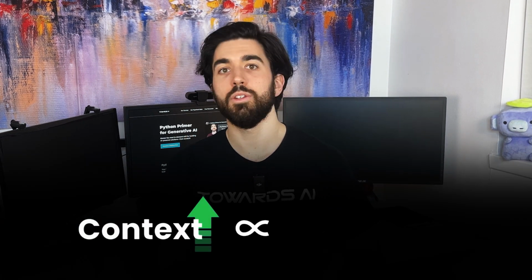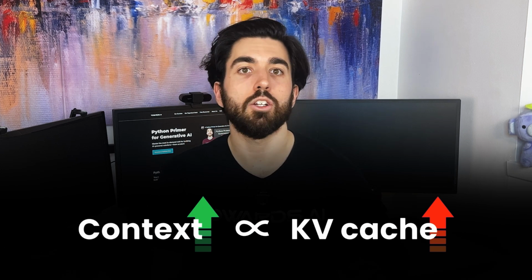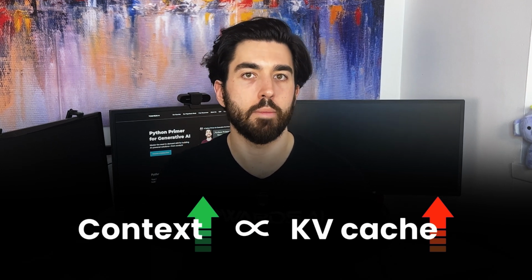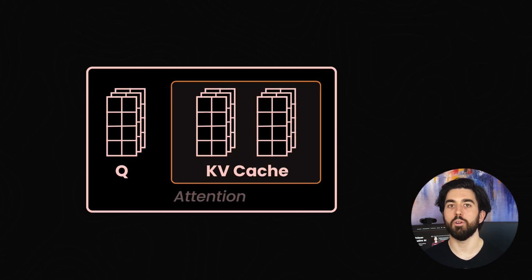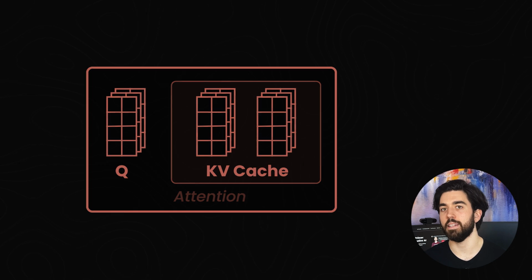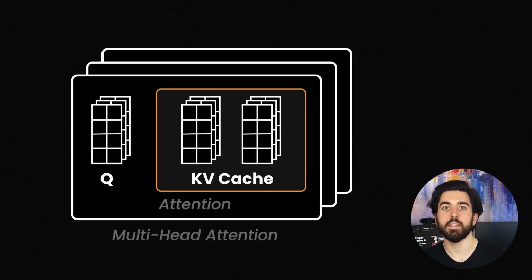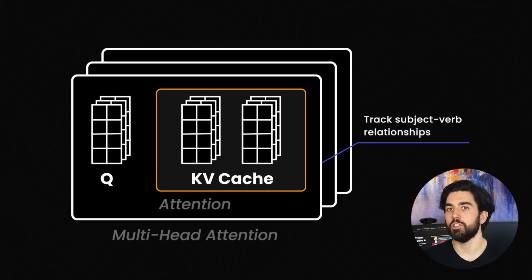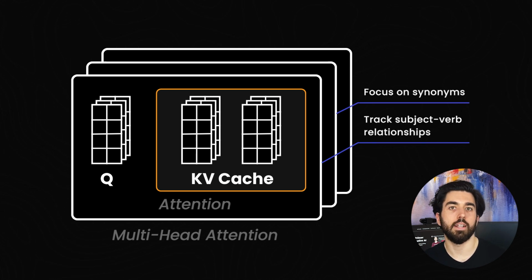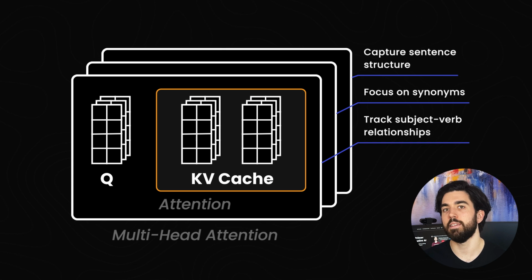But there's a challenge. As the context grows, so does the KV cache, and it can quickly eat up massive amounts of memory. This happens because transformers don't use just one attention mechanism. They employ multi-head attention. Each head examines the text from a different angle. One might track subject-verb relationships, another might focus on synonyms, and yet another might capture sentence structure.